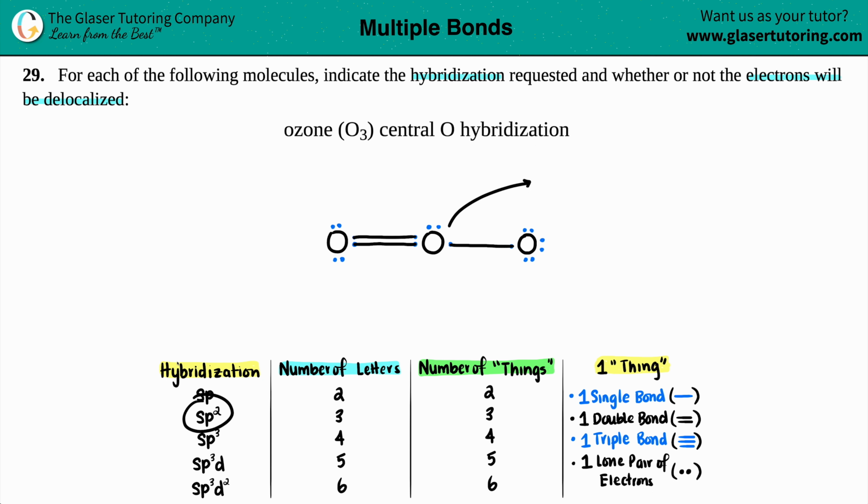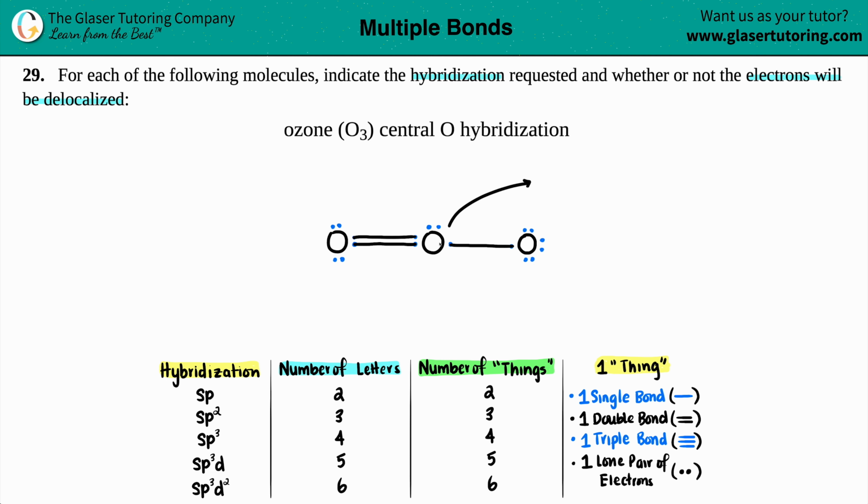For sp2, I have an s and 2 p's, a total of 3 letters. If I tack on 1 more p, that's sp3, a total of 4 letters. Those numbers of letters correspond to the number of things. One thing is either 1 single bond, or 1 double bond, or 1 triple bond, or a lone pair. Don't get confused: a double bond is 2 bonds, but it's one whole thing.